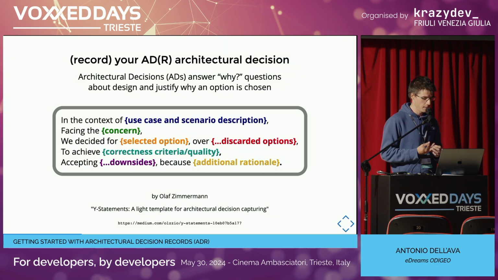We can see it together: in the context of a use case or scenario description, facing the concern you're facing, we decided for the option you selected over the discarded options, to achieve this quality, what you want to achieve, accepting the downsides, because of the rationale. As you can see, it's not complicated. It's quite simple, but there is a lot of really useful information.